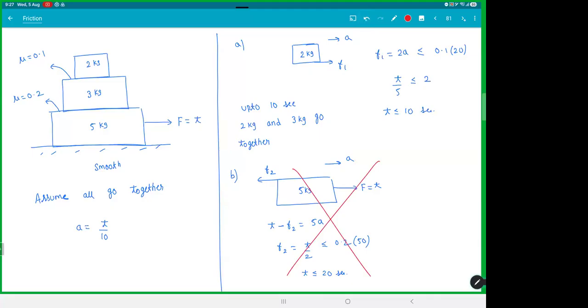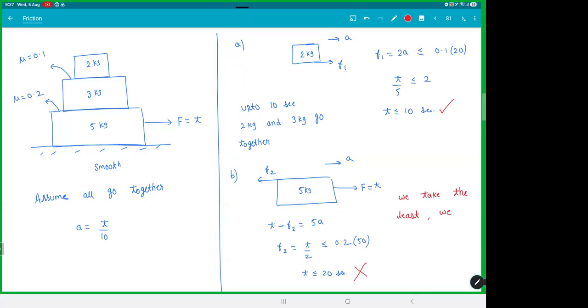So you got 20 seconds under the assumption that 2 and 3 kg are still going together. So you should take the minimum time. There is no way out here. You have to do it for both of them and see who has the minimum time. So we take the least time because we calculated each one of them under the assumption the other guy is not slipping.